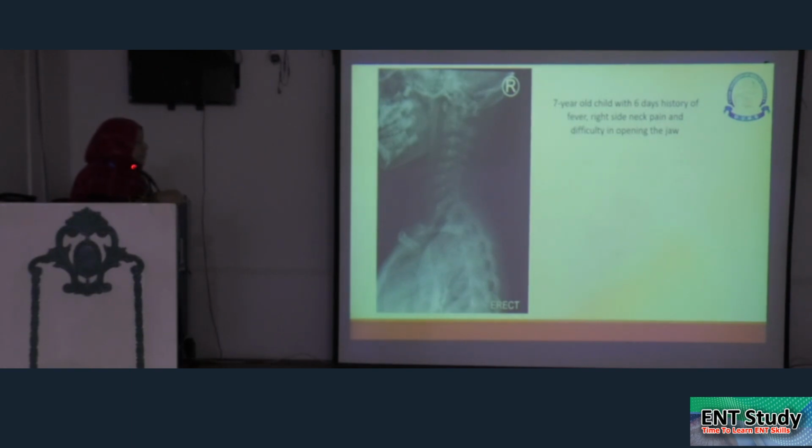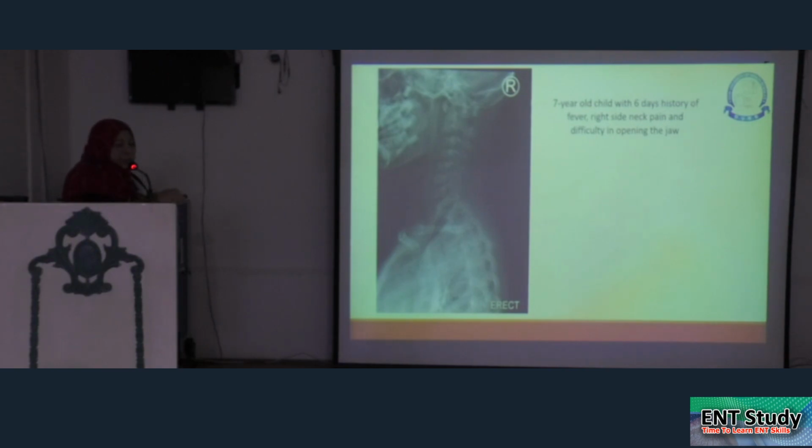This is the X-ray of a 7-year-old child with a 6-day history of fever, right-sided neck swelling, and difficulty in opening the jaw. When we look with careful evaluation, we see there is an anterior displacement of the nasopharyngeal air column. This space should be up to 10 mm, but there is a significant displacement.